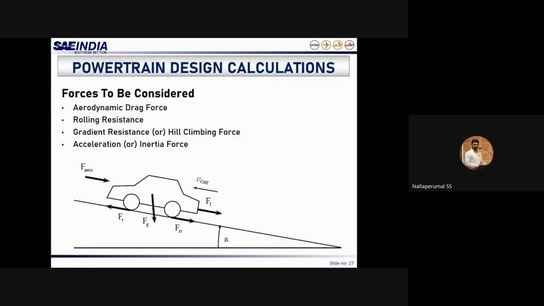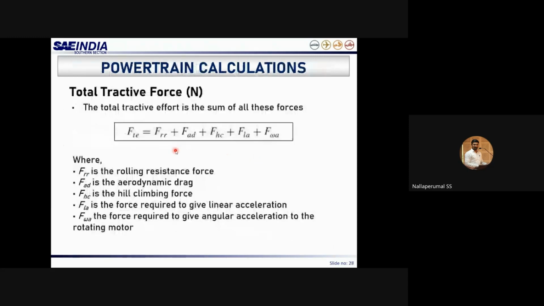So what can be your total tractive force? When we look at the total tractive force, these are all the resistances. But when I want my vehicle to move, what is one additional force that we have? Come on, guys. So the total tractive force is the sum of all these resistances.